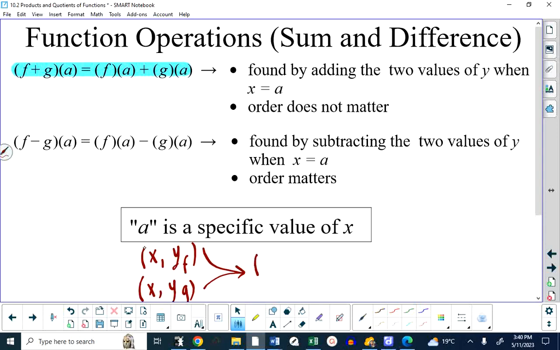These 2 points marry to become x comma y of f plus y of g. So there's a number of ways I can keep saying the same thing over and over again. The bottom line is when you are operating on functions, it's the y coordinates that get added or subtracted. And leading up to today's lesson, the lesson is going to include when you're multiplying or dividing functions, it's the y coordinates that get multiplied or divided.